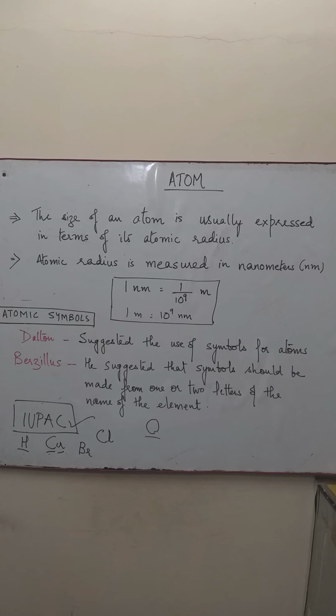Now, when we talk of the significance of atomic symbols, they represent a very short-hand name, and one symbol represents only one type of element. This is the advantage of naming, because when we say Cu, that stands for copper only. If Co is mentioned, that is cobalt. If Cl is mentioned, that is chlorine.